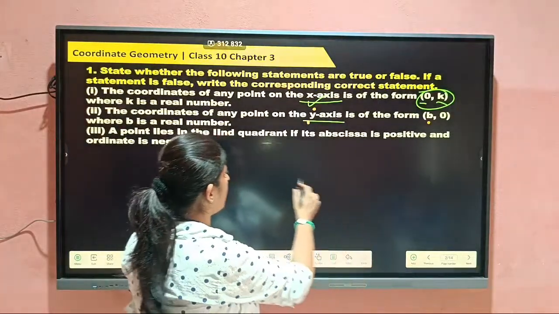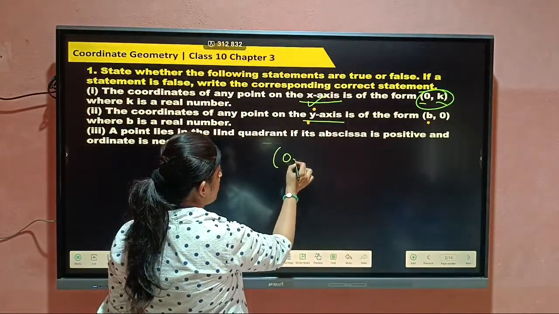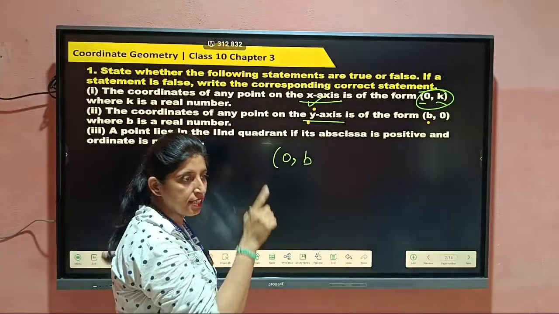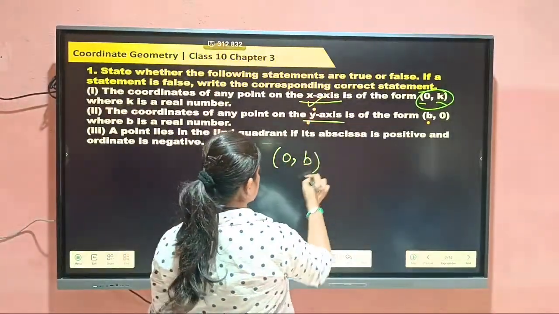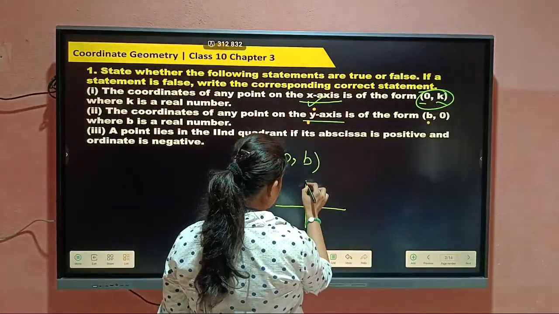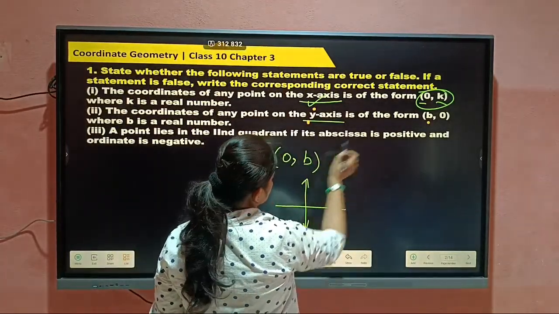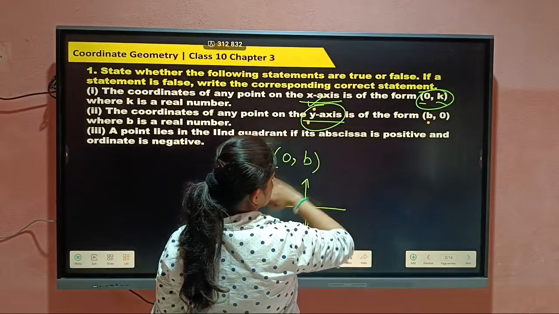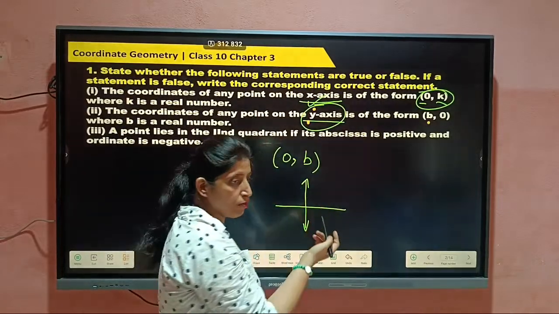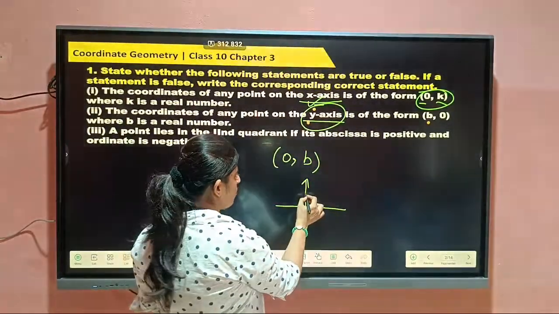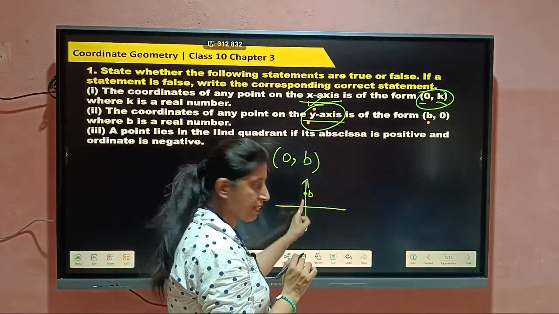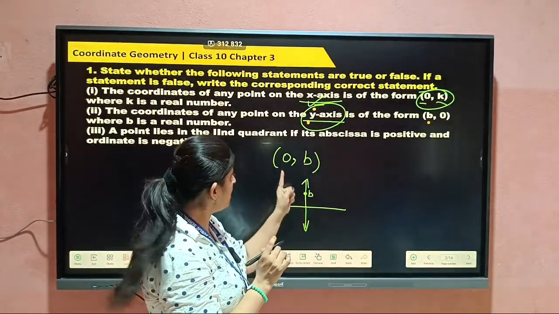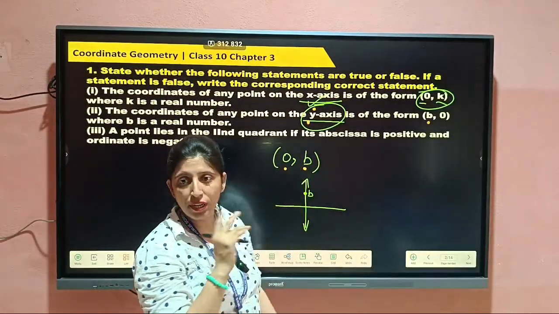So coordinate will be 0b because on y-axis x coordinate is 0. b0 is not possible on y-axis. 0b is possible.